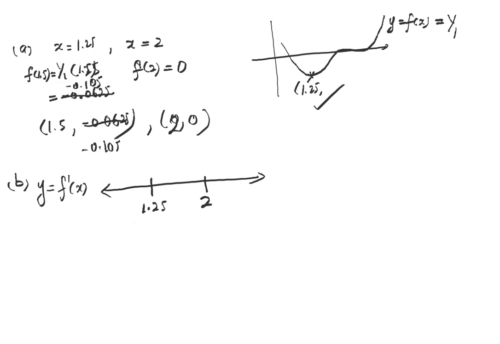Go down, negative. Go up, positive. Go up, positive. Am I right? So it depends on which one you are looking at. I want to tell you why your solver says no sign change.